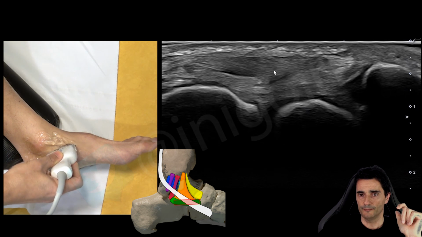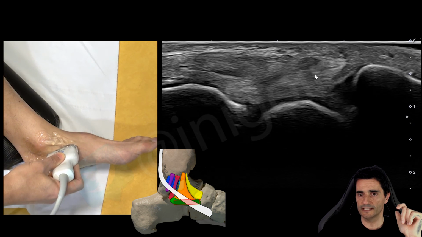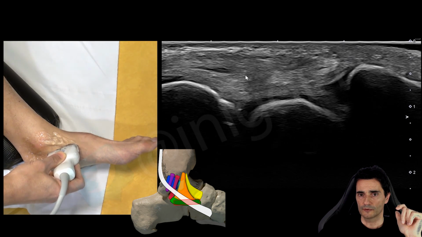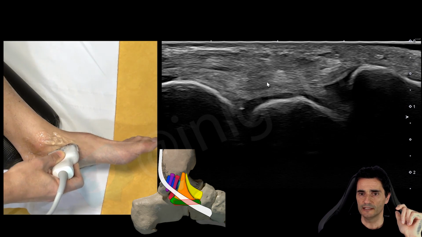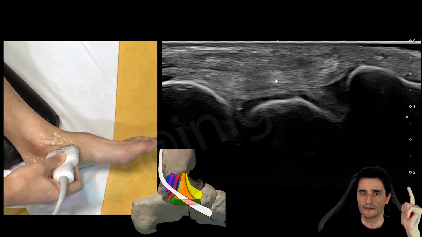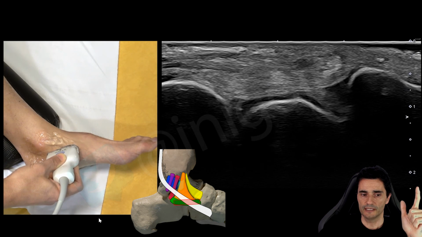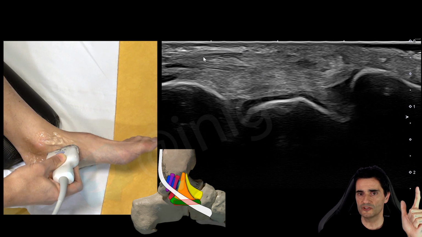And you can see below the posterior tibialis the spring ligament, more concretely, its superior medial component here. And you can see how it has a close relationship with the posterior tibialis tendon and this joint between this component and the head of the talus.